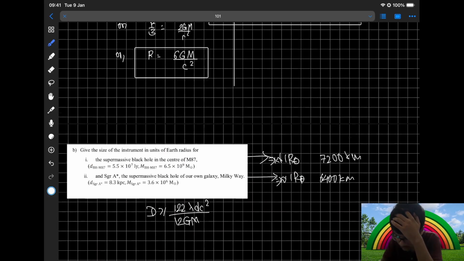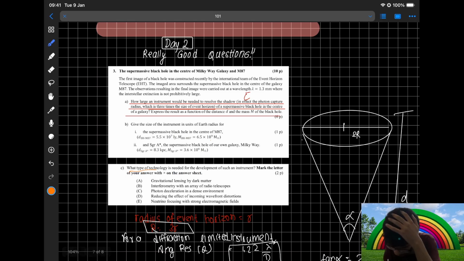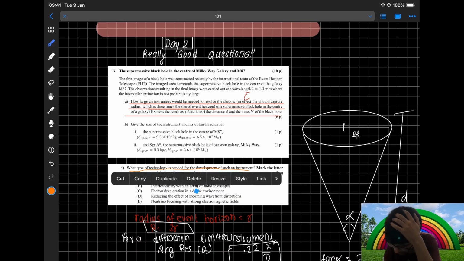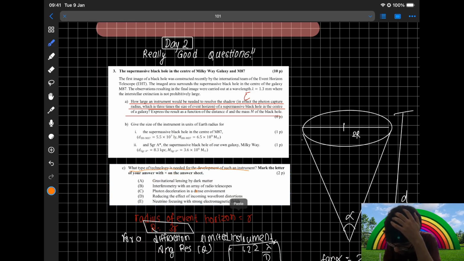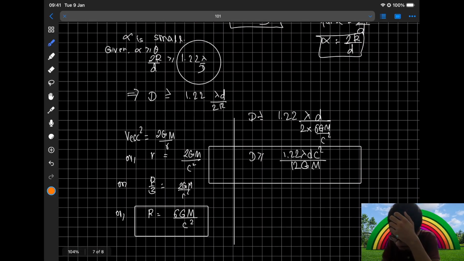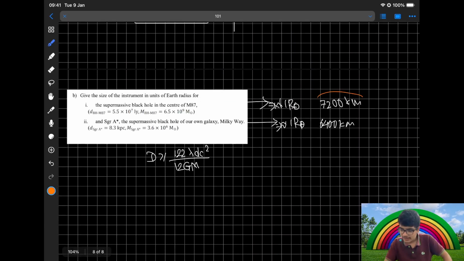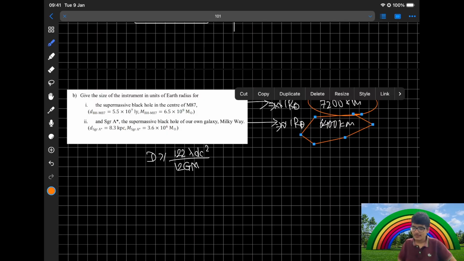It's an easy one. So for question number 3, what type of technology is needed? For obvious reasons, an array of radio telescopes, right? Interferometry. Because as we see here, just to resolve those, we have this crazy aperture radius of 7,200 kilometer and 6,400 kilometer, roughly the size of the radius of Earth.